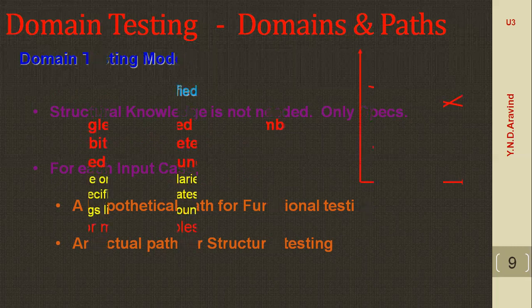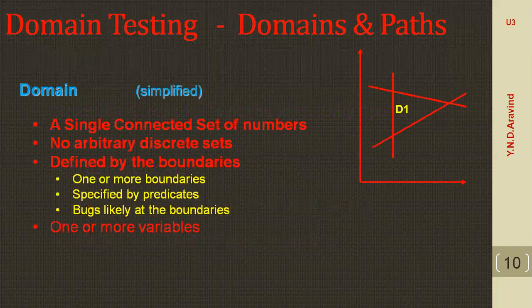Now, let us see what a domain is in the form of a set. Here we are going to treat all the inputs as a set. If the source language supports set definitions, for example Pascal has set types, and C has enumerated data types, then less testing is needed because the compiler is going to do much of it for such languages.